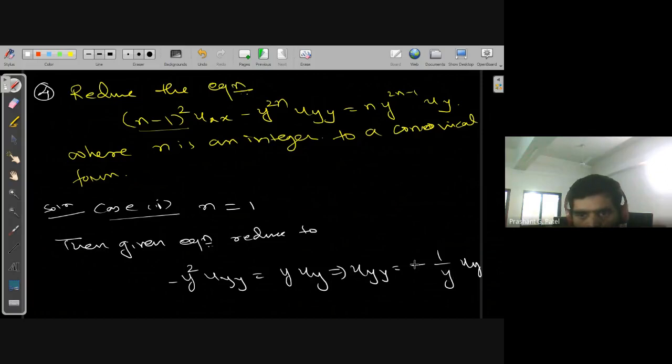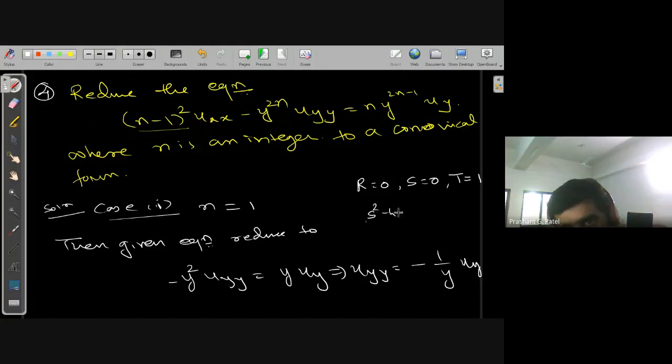You can compare it with the canonical forms of all the three. We'll see that it is a parabolic type. Comparing, r is 0 here, s is also 0, and only the value of t is there, which is 1.